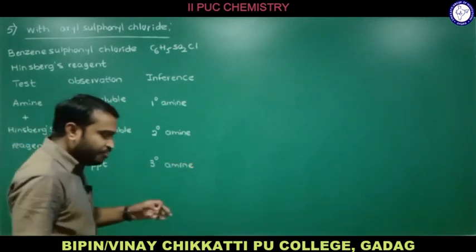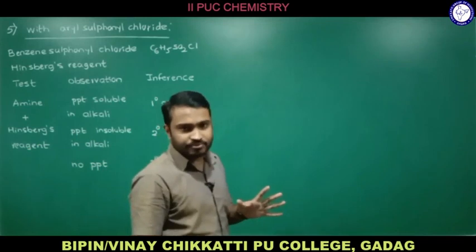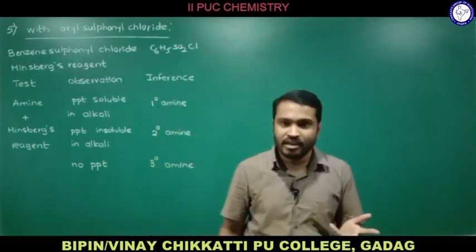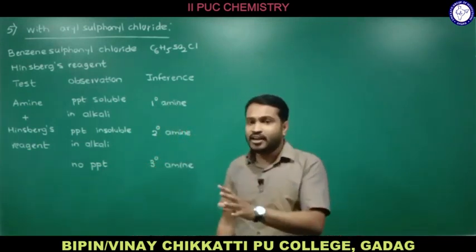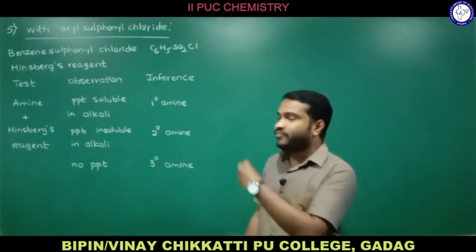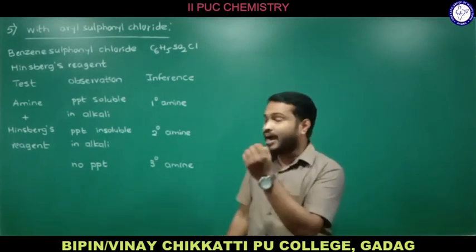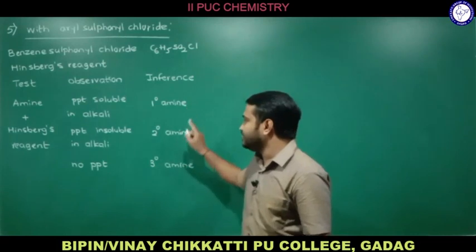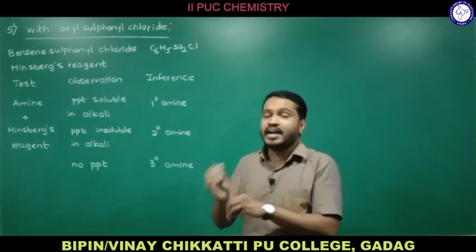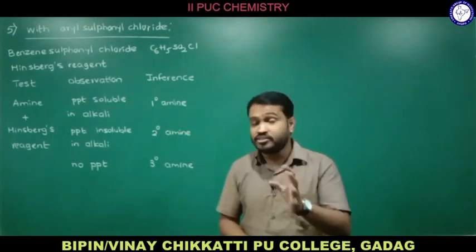So this is how, by using one reagent, that is Hinsberg reagent, benzene sulfonyl chloride, whatever the given amine may be, we can identify whether it is primary, secondary or tertiary by reacting it with the Hinsberg reagent.